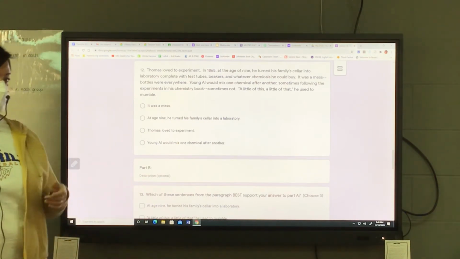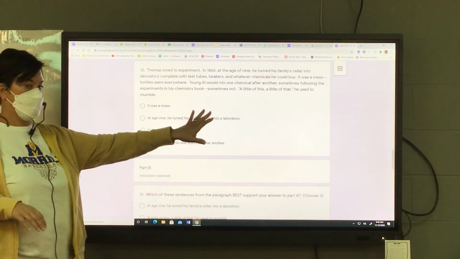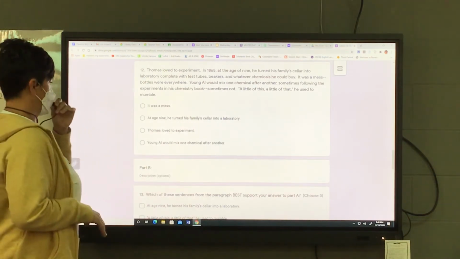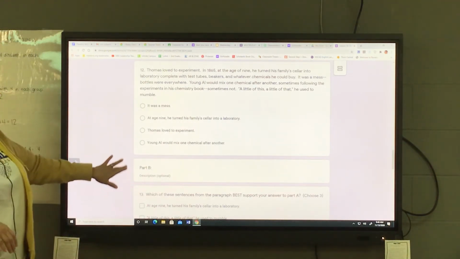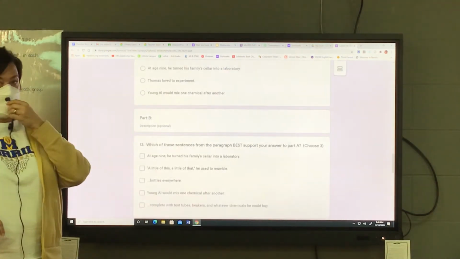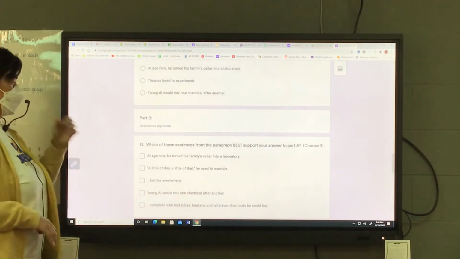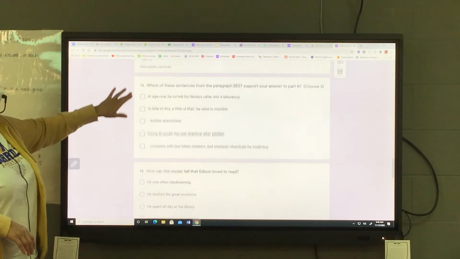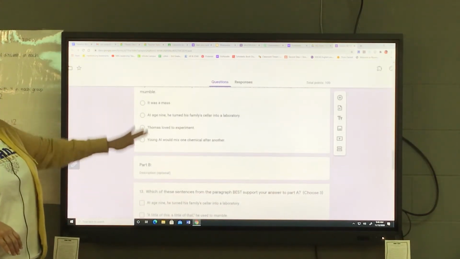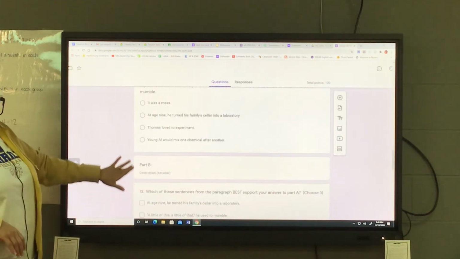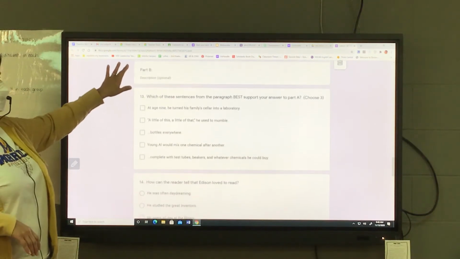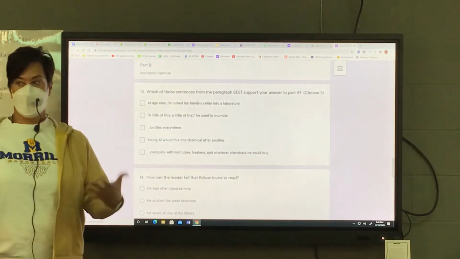Okay, did I give everyone enough time to choose the main idea? So now part B, it still goes with that main idea. So thinking about the main idea that you chose here, what details support that main idea?